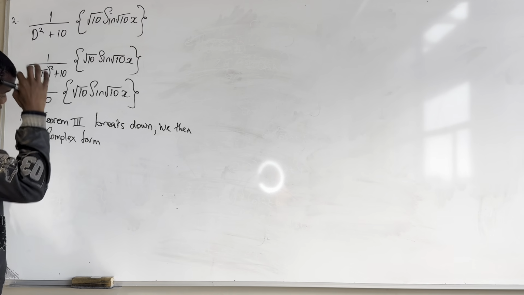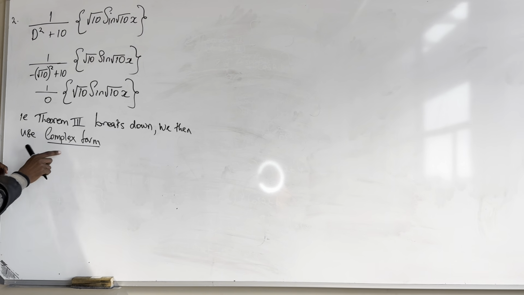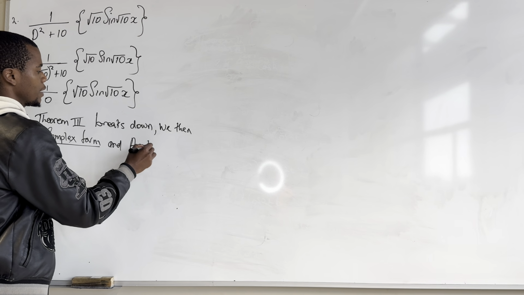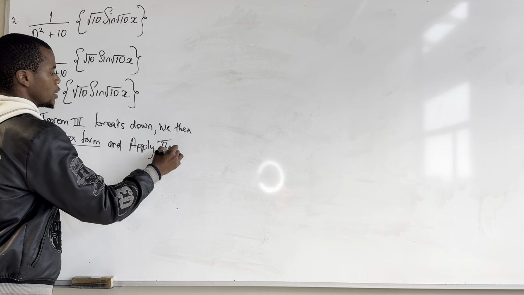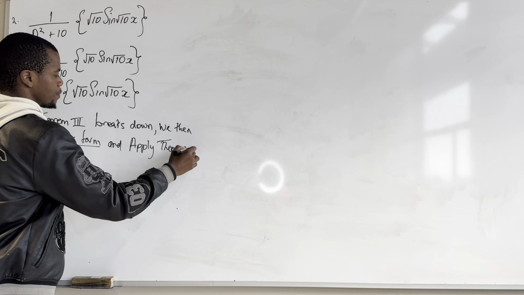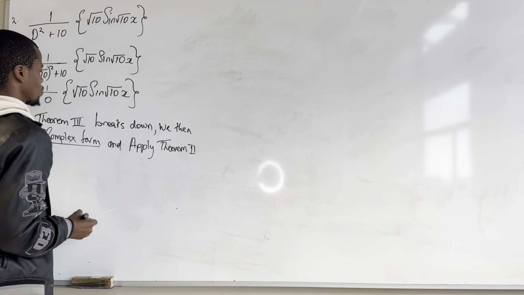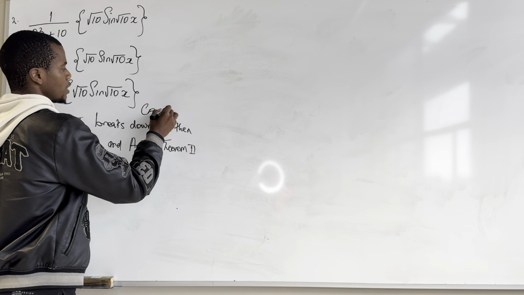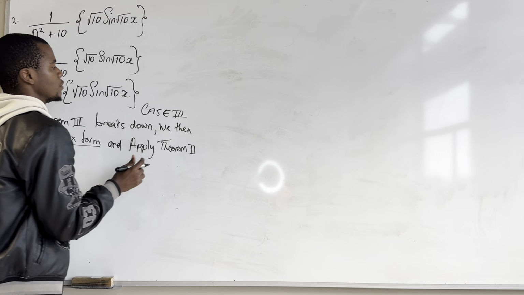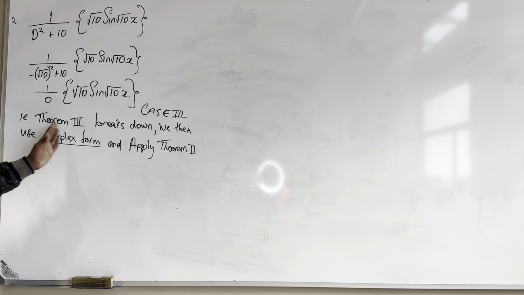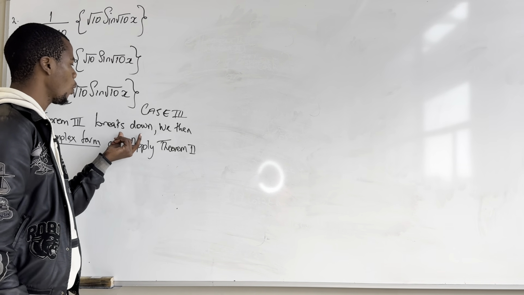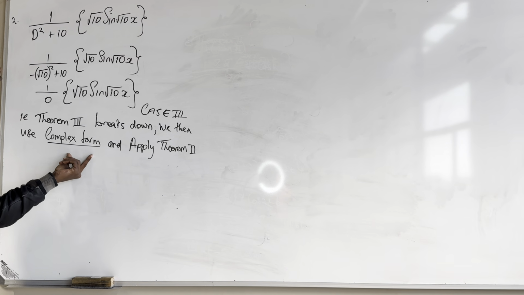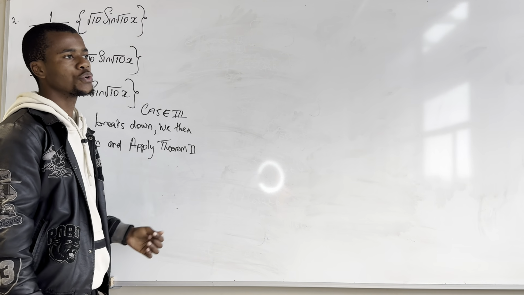We just need to note this one as well. So this is case 3. Case 3 says, as theorem 3 breaks down, or fails, we then use a complex form and we apply theorem 2.